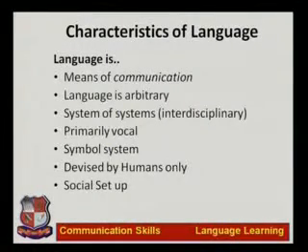In brackets I have said that it is interdisciplinary. What do we mean by interdisciplinary? When we try to understand what communication is, we cannot understand the word communication all alone. For example, when we explain communication in our class, we have to take examples from science.